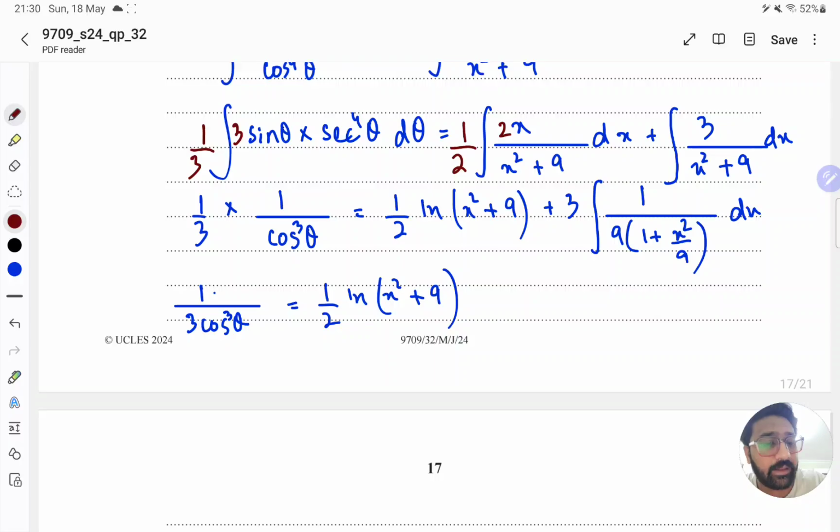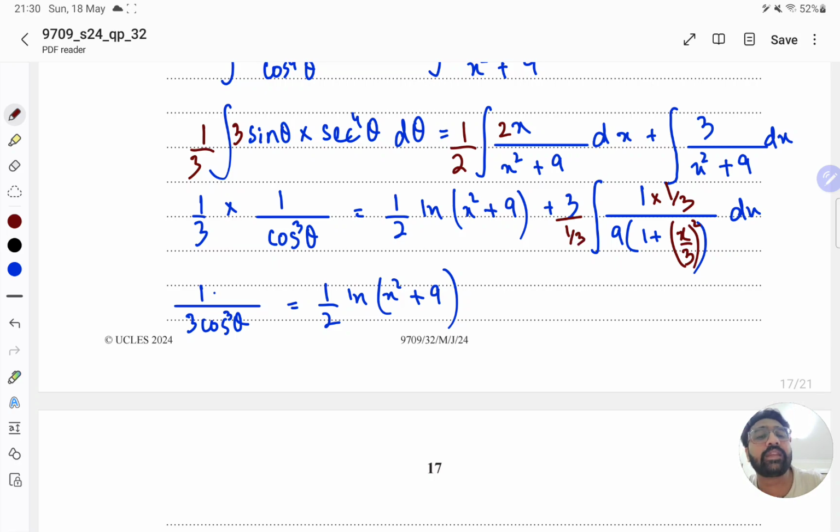I can change this x square over 9 and write it as x over 3 whole square, and I have to have this square part's differentiation present in the numerator. So I will multiply it with 1 by 3, and I will also multiply over here with 1 by 3.